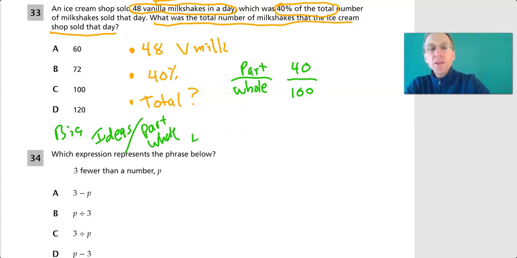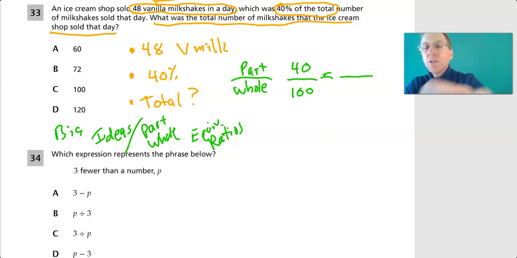You can also think of equivalent fractions or ratios. So we can set up an equivalent ratio over here. So the ratio of 40 to 100 is, let's go back, 48 milkshakes. 48 vanilla milkshakes, that represents 40.